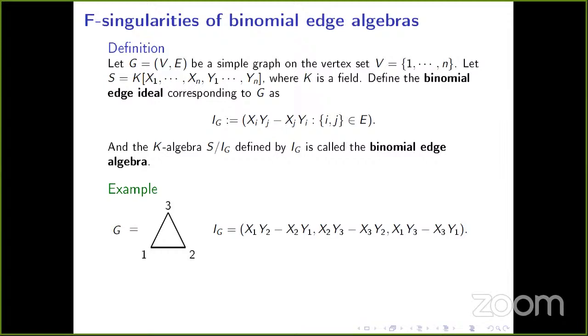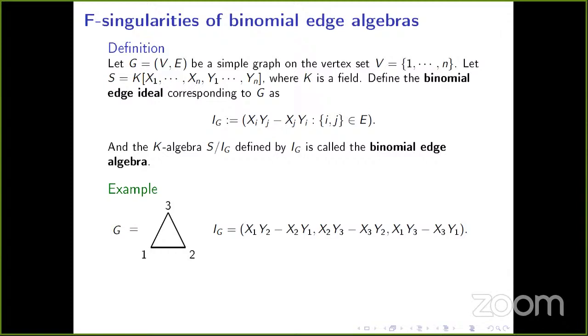Let S be the polynomial ring in 2n variables, x1 up to xn and y1 up to yn, over a field K. Define the binomial edge ideal I_G generated by the binomials x_i y_j minus x_j y_i, where ij is an edge of E. The algebra defined by the binomial edge ideal is called a binomial edge algebra. Let's see one example.